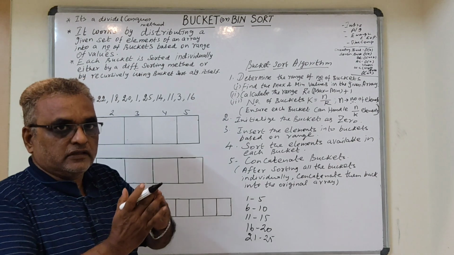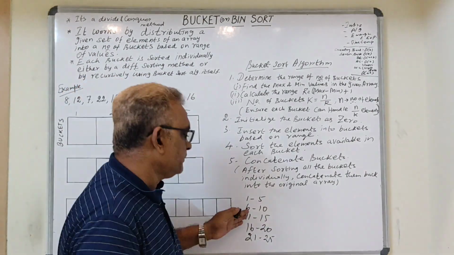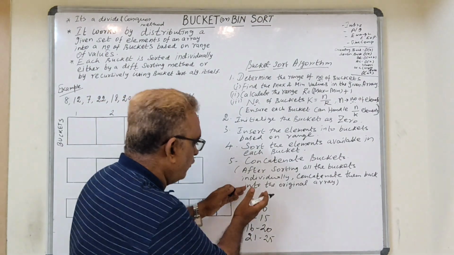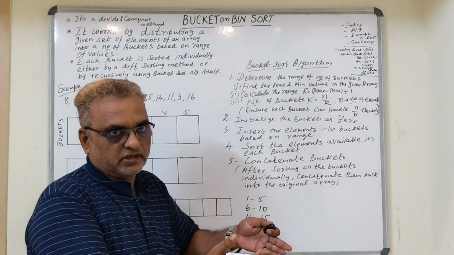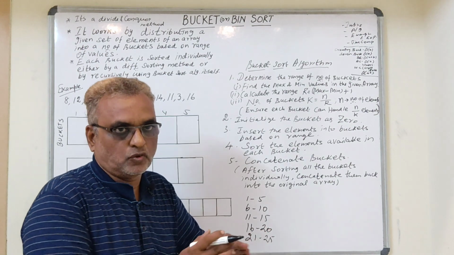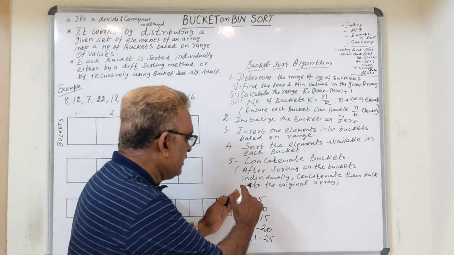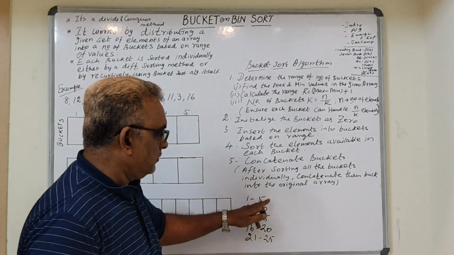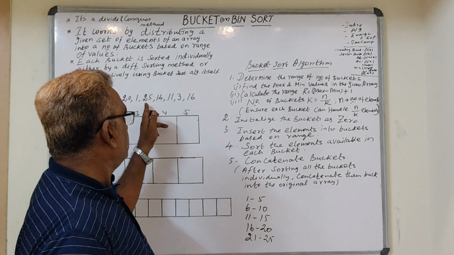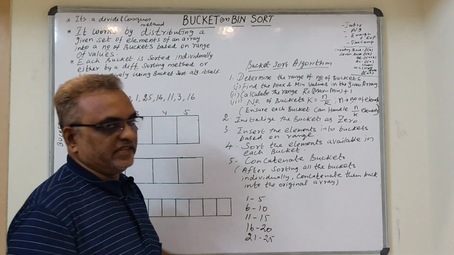The range must be equally distributed. It should not be like 4 elements in one bucket, another bucket with 6 elements, another with 10 elements. No, that is not correct. We have to equally distribute the elements. So for the maximum value 25, I can have the range like this.